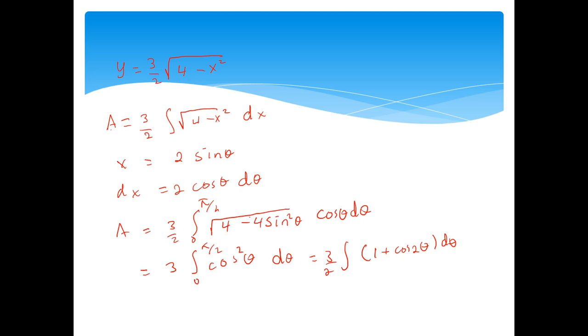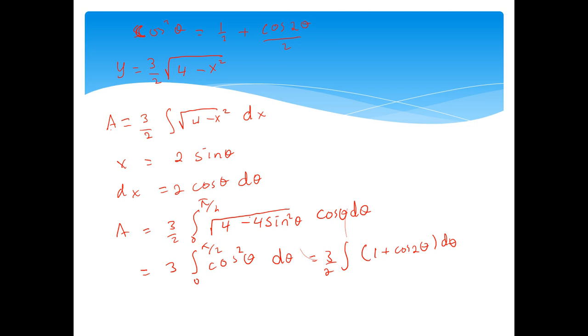So what I use is cosine squared theta can be given as 1 plus cosine 2 theta divided by 2. This is exactly what I use here.